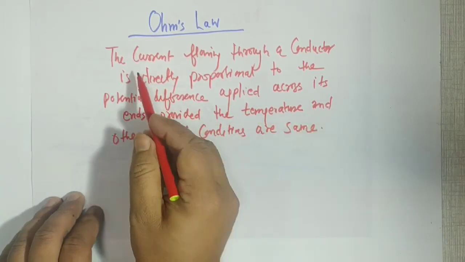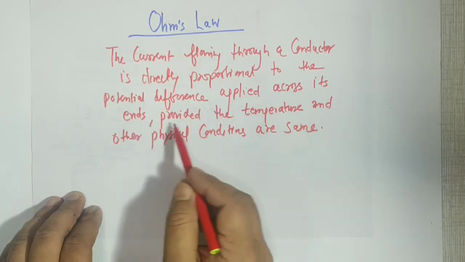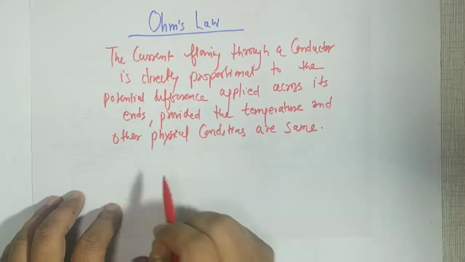This is the complete statement: the current flowing through a conductor is directly proportional to the potential difference across its ends, provided the temperature and the other physical conditions are the same.